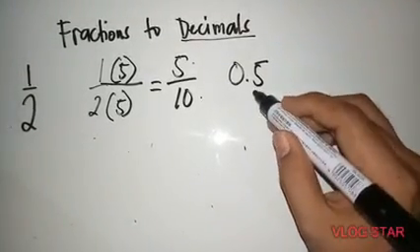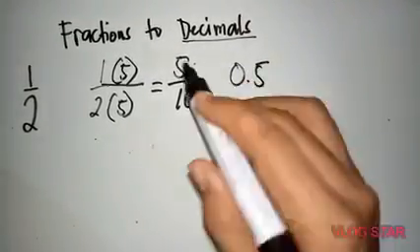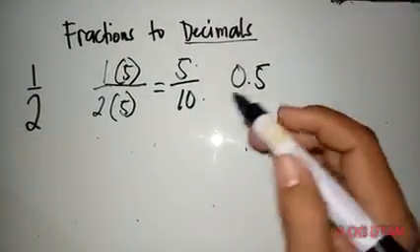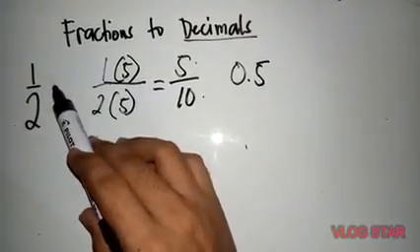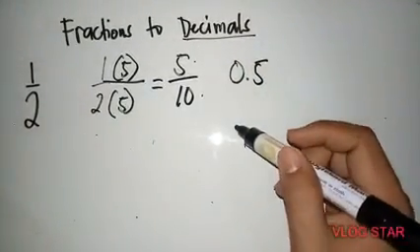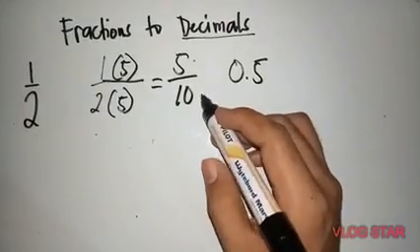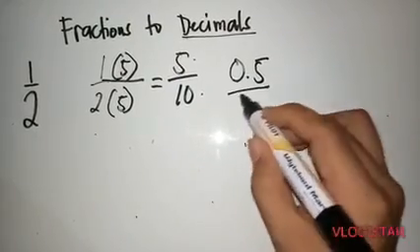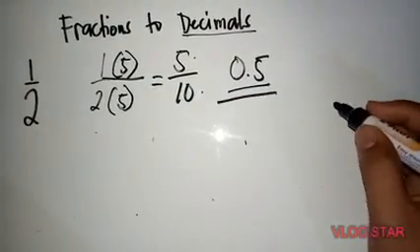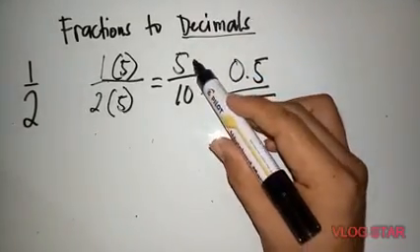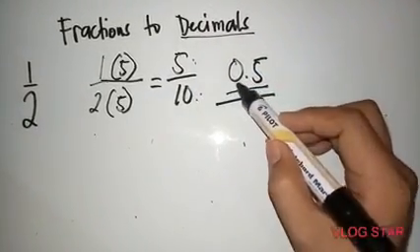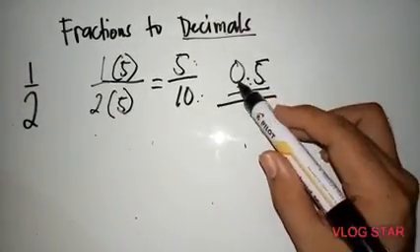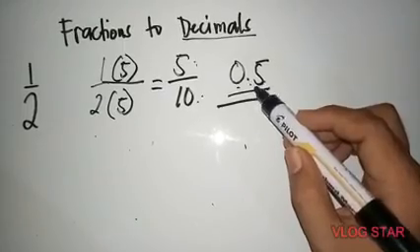I will repeat, 5 tenths. That's one way of converting fractions to decimals. By getting their decimal fraction, then you can write it as a decimal. 0.5, or we read this as 5 tenths.